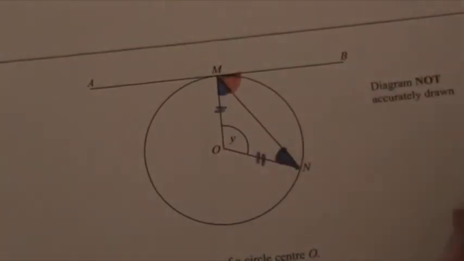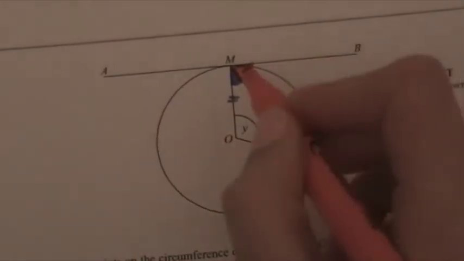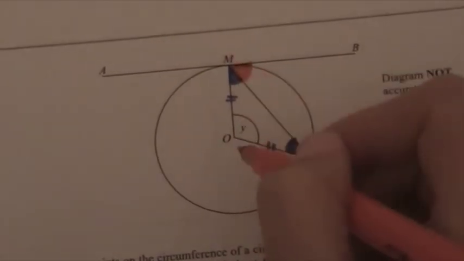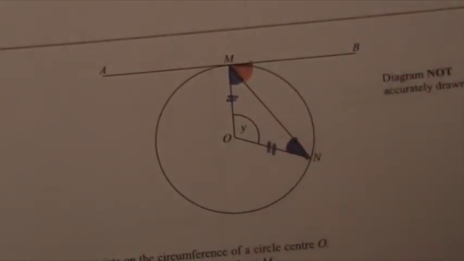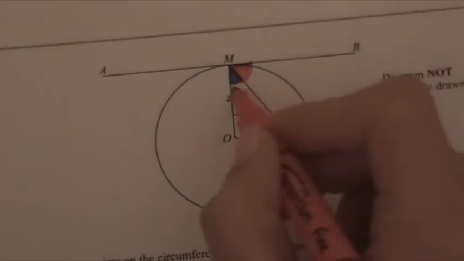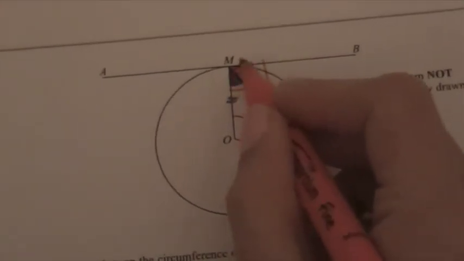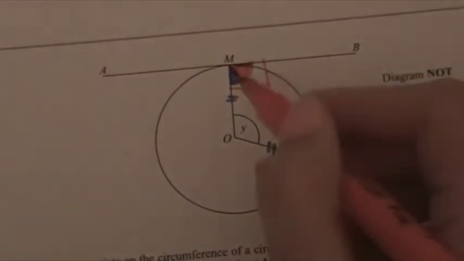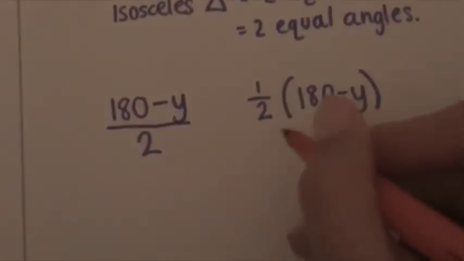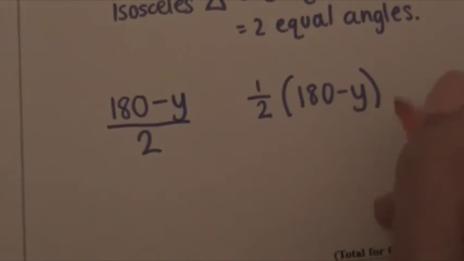BMN. Now, we know that AMB is a tangent to the line MO. That means this whole angle must be 90 degrees. And we know that that blue angle is a half 180 minus y.